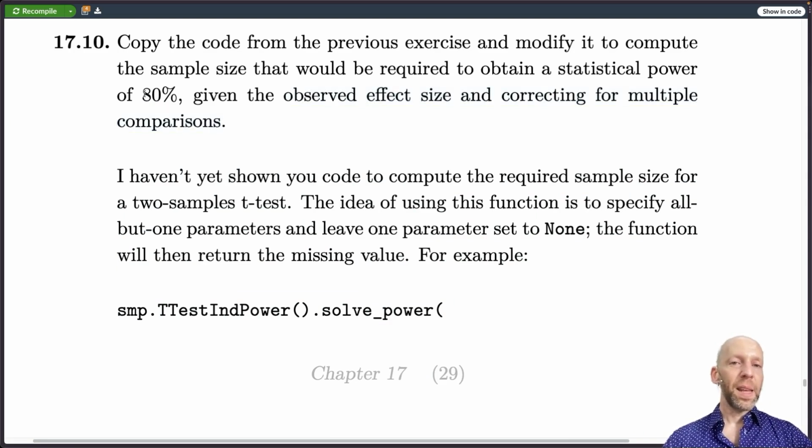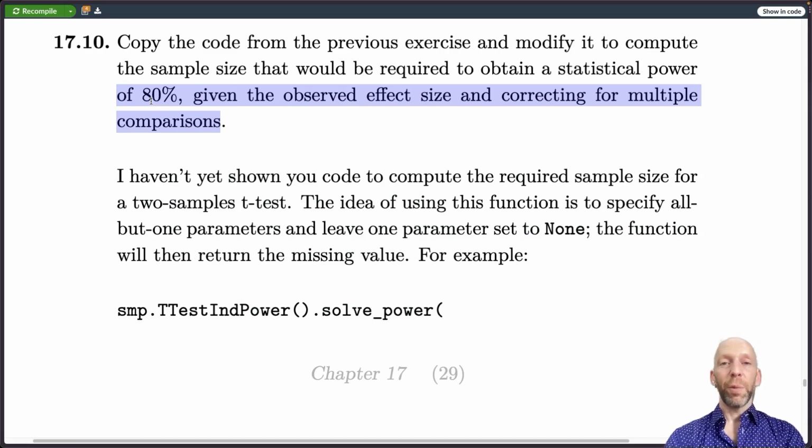So again, the idea is that maybe we want to conduct a follow-up research experiment, but we don't want to get 1,600 participants. So how many participants do we actually need?